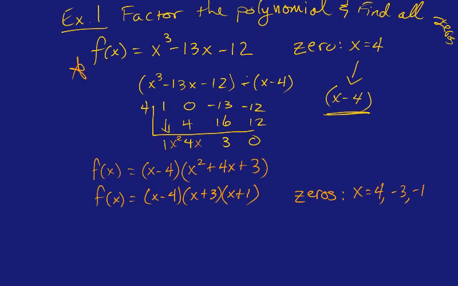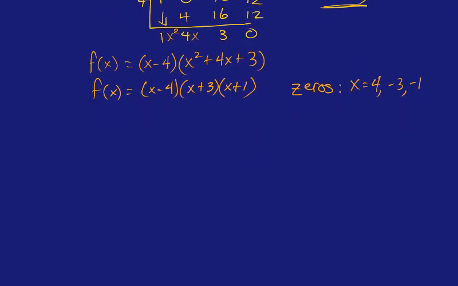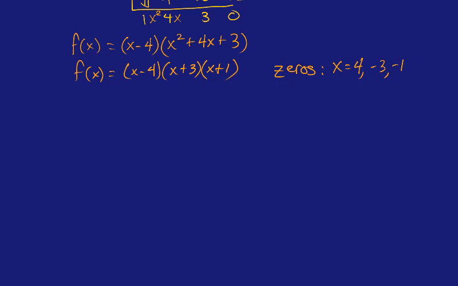So what happens if they just give you a factor, but you're not able to use synthetic division? Let's throw one out there like this. Let's say in example 2, you have the same instructions, factor the polynomial and find the zeros, but now f of x is 6x cubed plus 41x squared minus 9x minus 14.